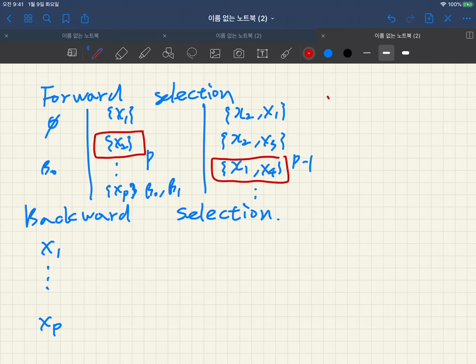So as you proceed through this forward selection search process, you will observe better training error, better RSS values, as you increase the number of predictors. Always, as you increase more predictors, the number of parameters, the degrees of freedom, you can observe improved training error. Okay, that is a rule of thumb.